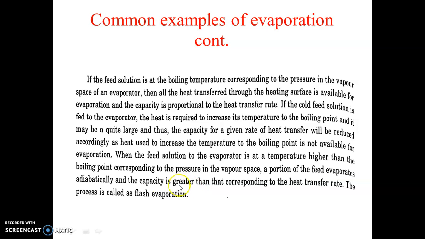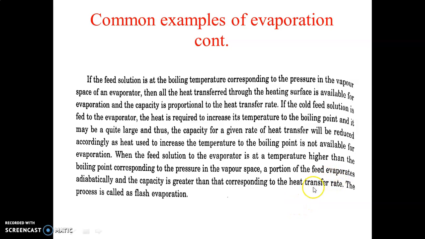You already have a higher temperature than the boiling point, so that heat directly evaporates the solvent. By doing this, the capacity is increased and the heat transfer rate also increases.